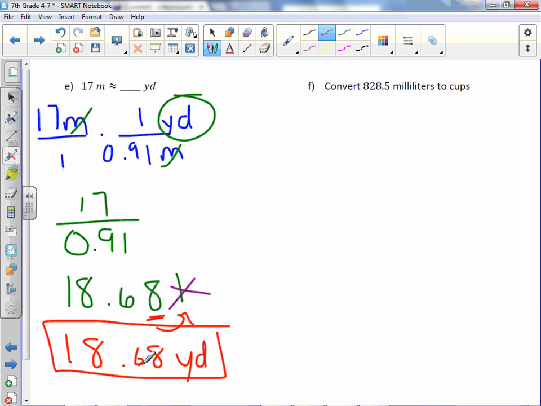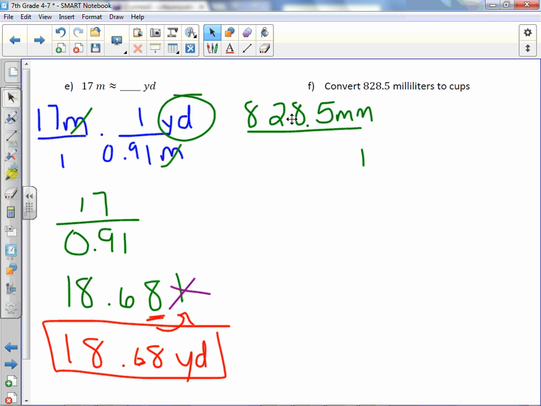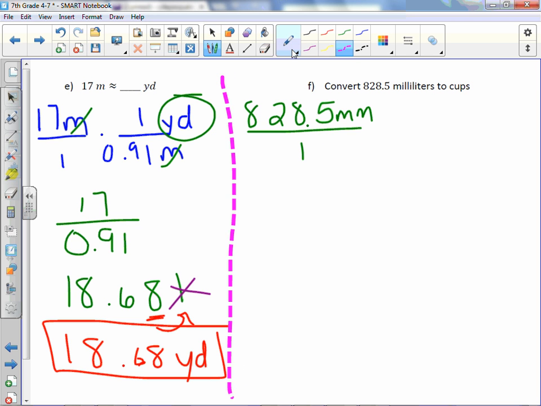Okay, letter F. Convert 828.5 millimeters, and millimeters is mm. Put that over 1. Times. We are changing millimeters to cups.